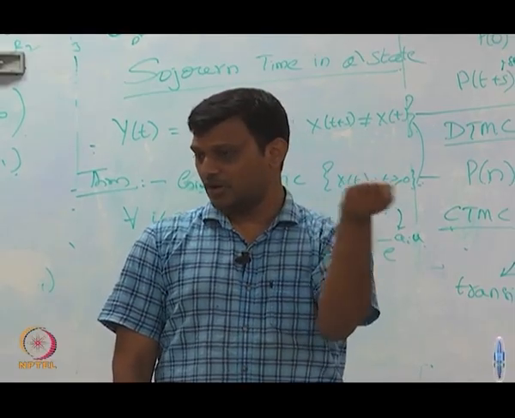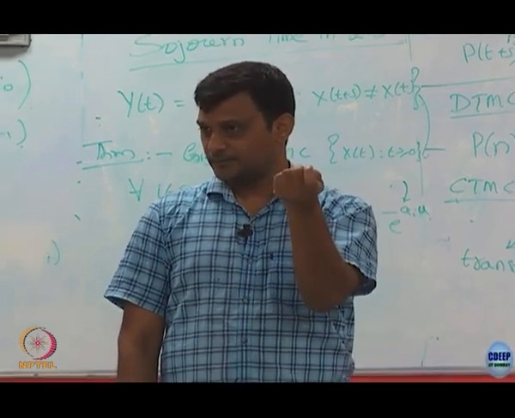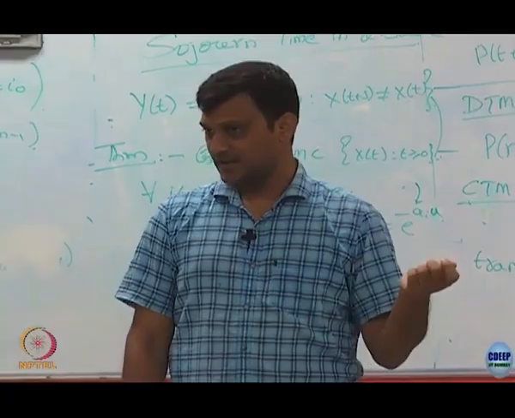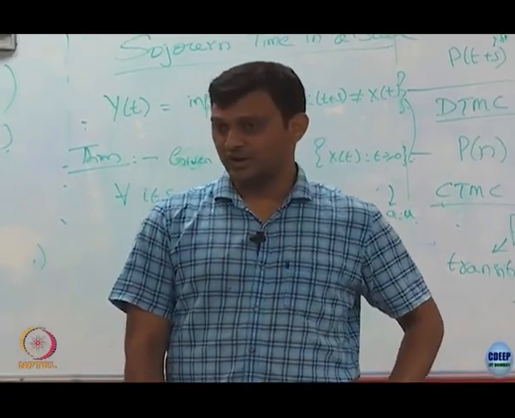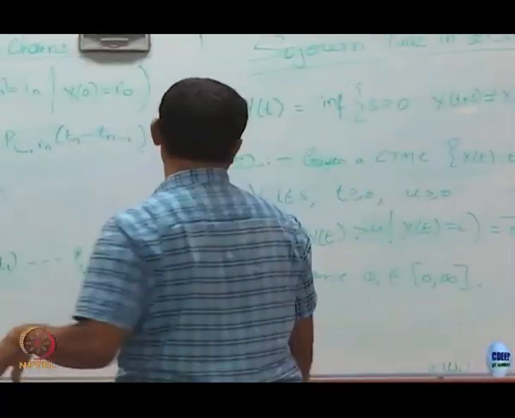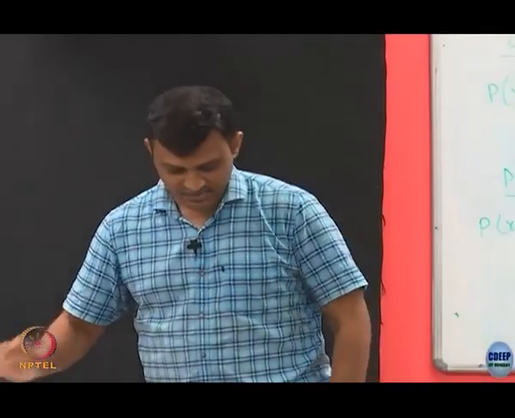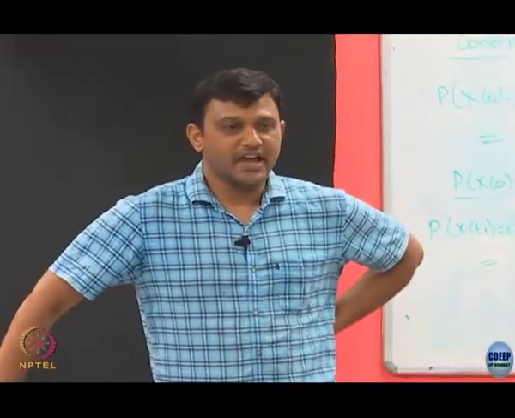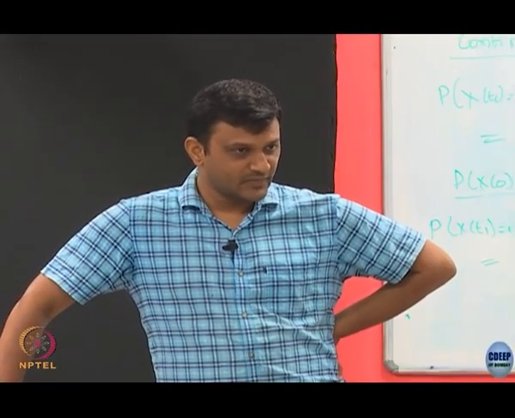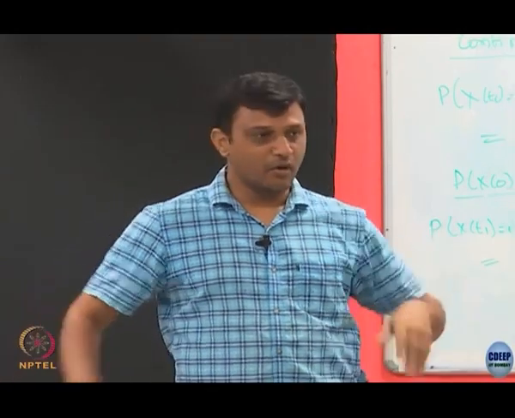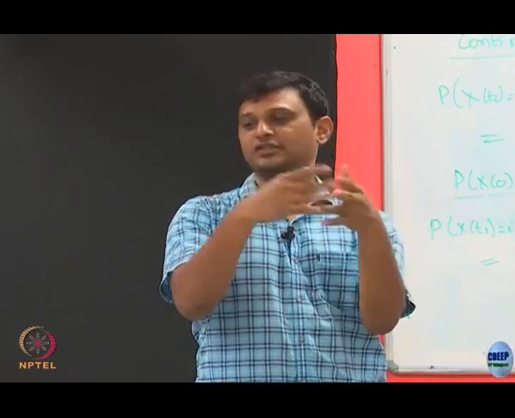Now the amount of time that it is going to continue to stay in the same state is going to follow this distribution, which is exponentially distributed with parameter a_i. So in a way what we are saying is, if your continuous time process has this Markovian property, it must be the case that the amount of time it is going to stay in a particular state at any arbitrary time is also memoryless.